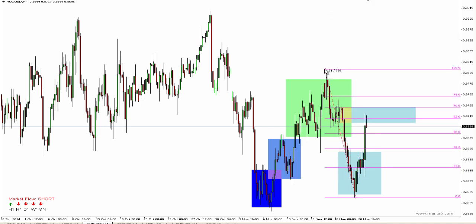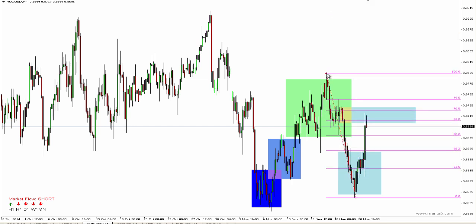Being able to recognize these kinds of patterns, this price action, a very clear sell model in my opinion. If we're able to recognize them in advance, we can pretty much anticipate things that go on.